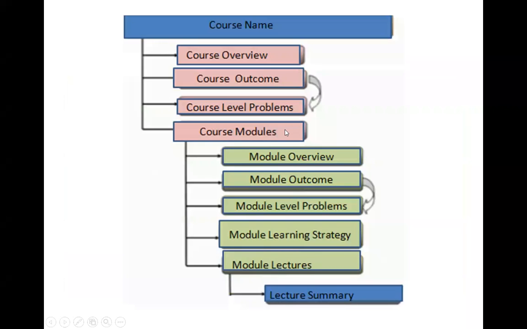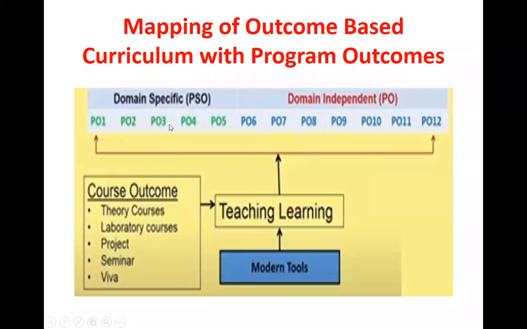Then the next one is course outcome, and this is how you map the course outcome to the program outcomes. I told you there are 12 program outcomes, and the first 5 program outcomes are domain specific, which means they deal with the cognitive domain or the knowledge domain, and most of our theory subjects and practicals will map to these 5 program outcomes.